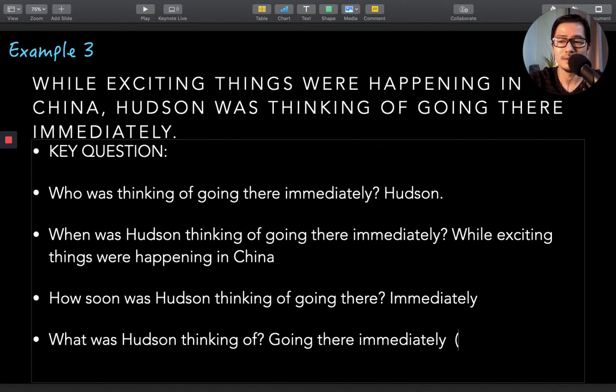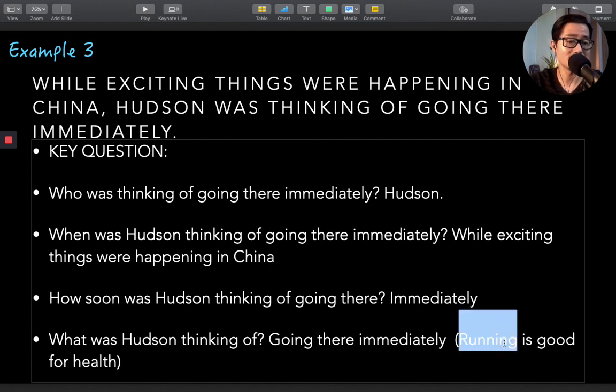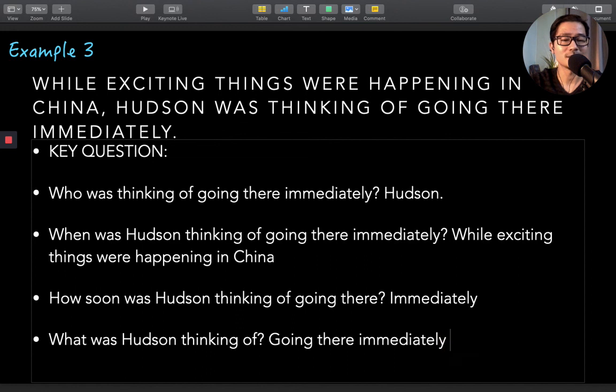For example, you can say, running is good for health. You've just used a gerund right there. It acts as a noun. It's the subject. What is good for health? I think I'm talking too much right now.